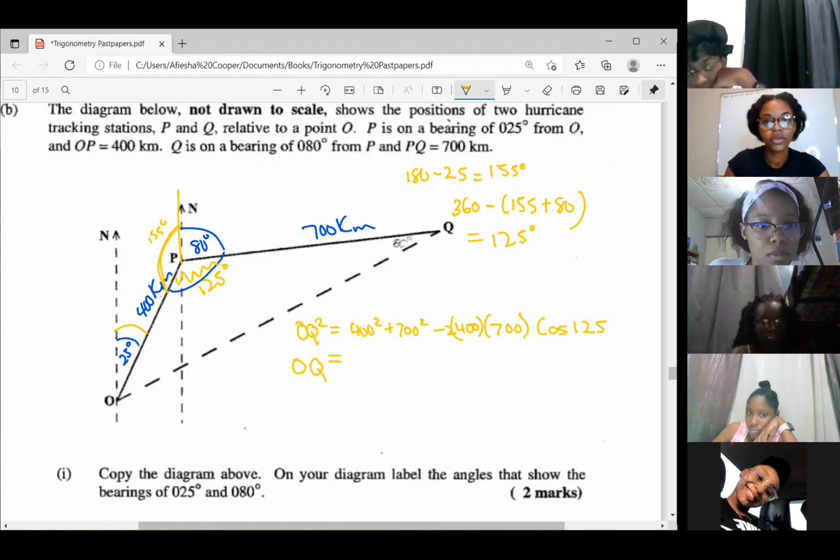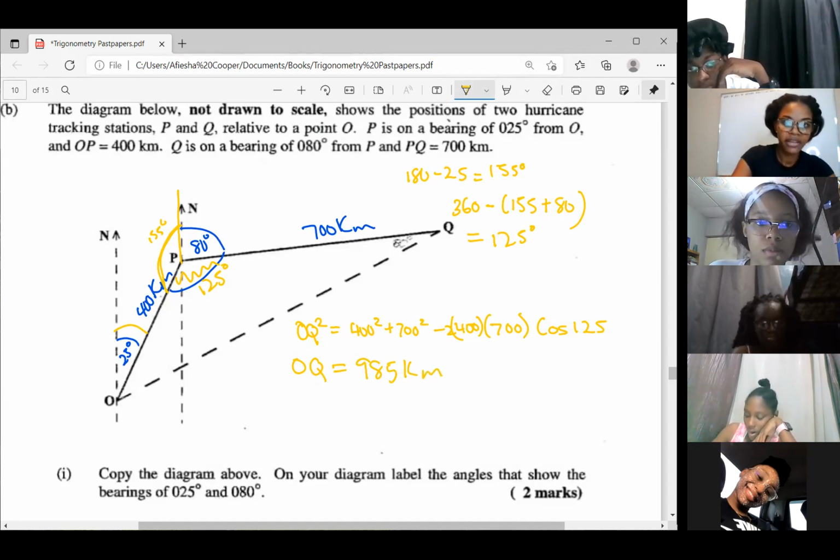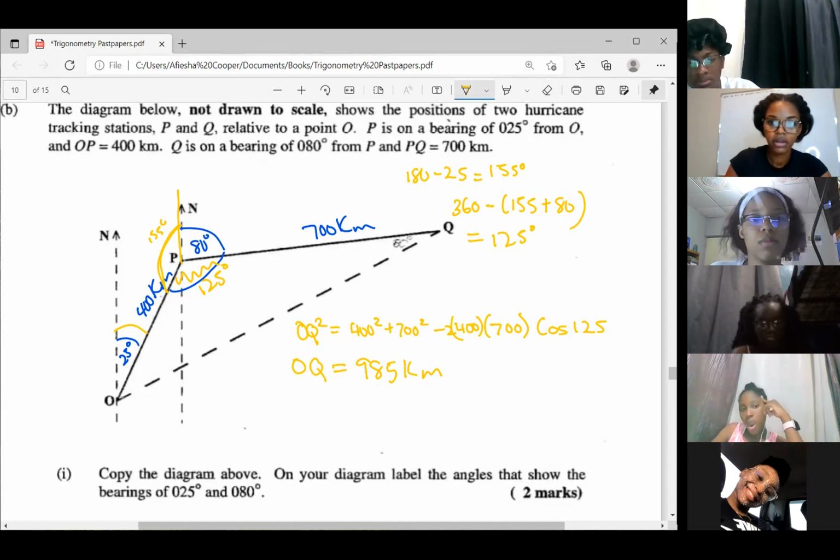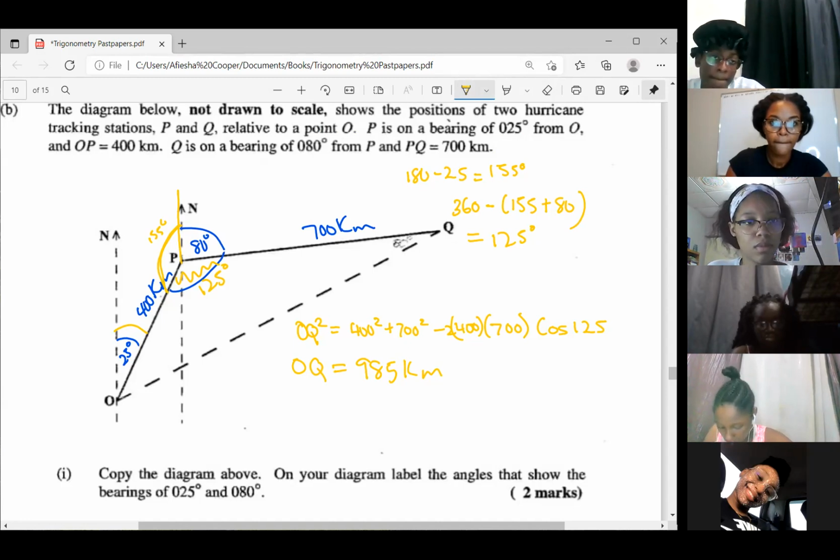Next, 985 kilometers. 985 kilometers. Is it 985.5? So it'll be 986. Miss, they said to nearest kilometer. Is it 985.5?